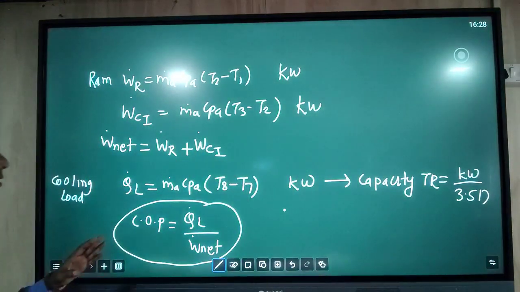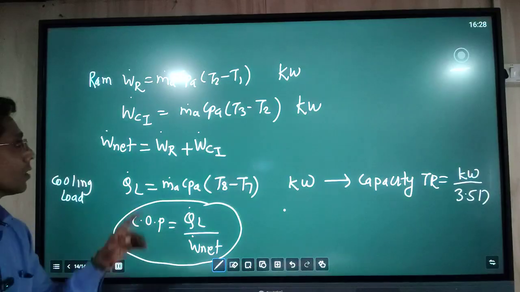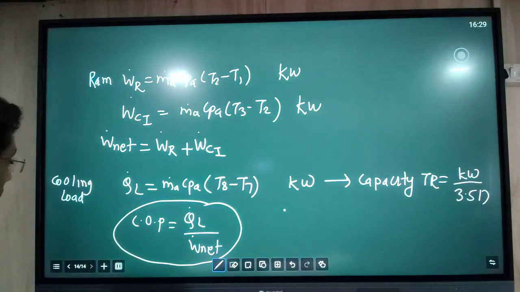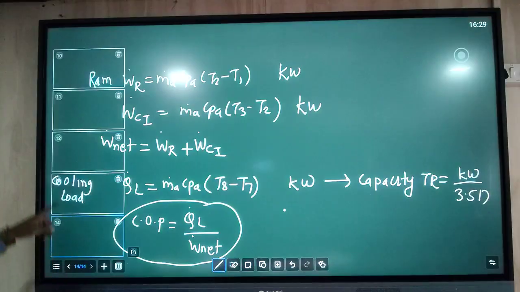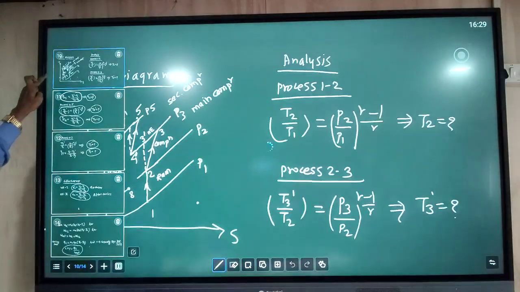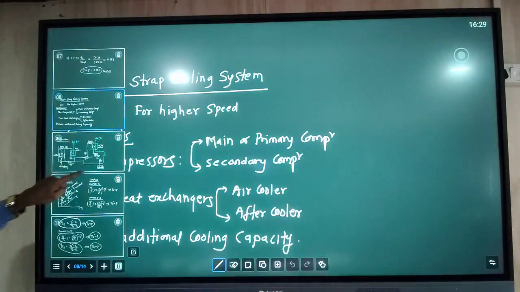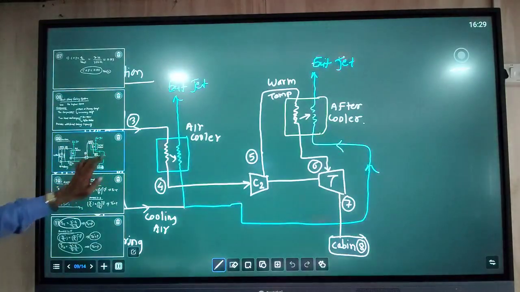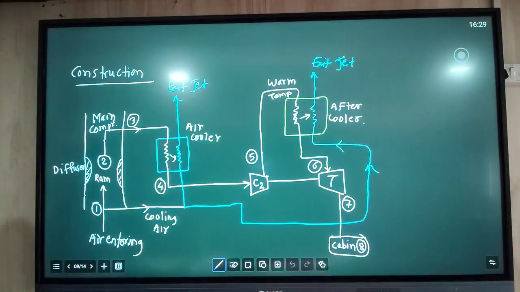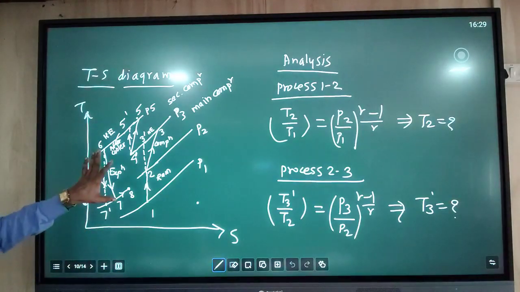In this session we have seen the bootstrap air cooling system. First of all we saw the construction diagram, and after that its T-S diagram.